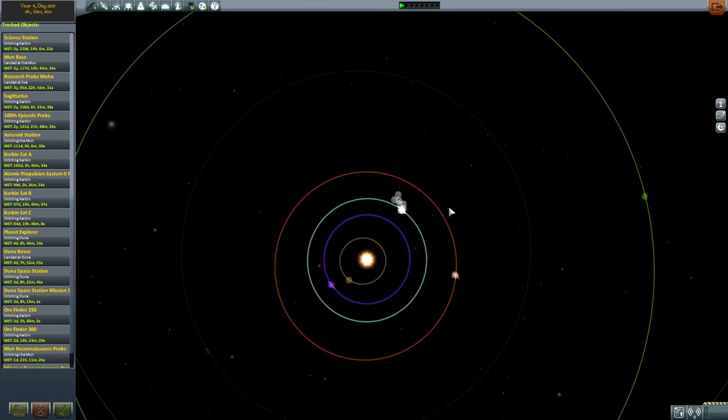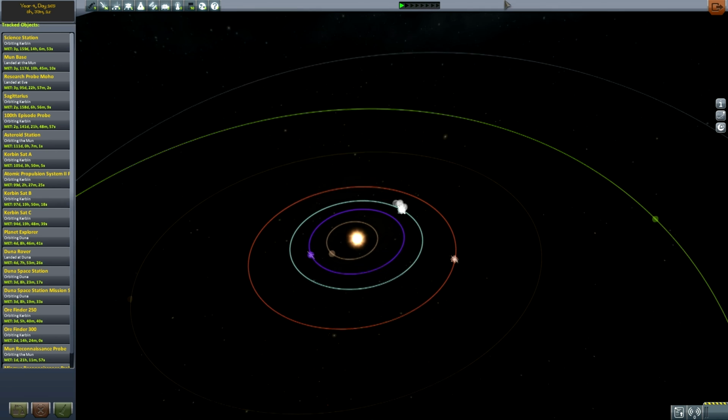Oh no, it will take some more days because Kerbin has to be behind Duna and not ahead of Duna, so it will take several months. But then it's time to leave Duna again. I'm already looking forward to the moment that we can return back home to Kerbin and deliver all the data, because I think we have accomplished a lot in our Duna expedition.